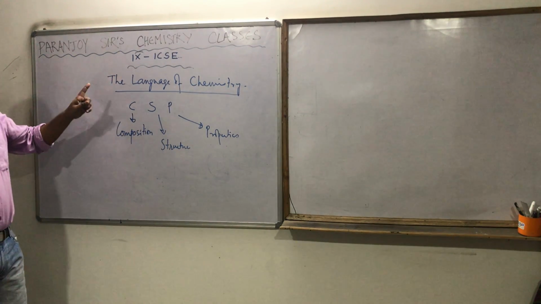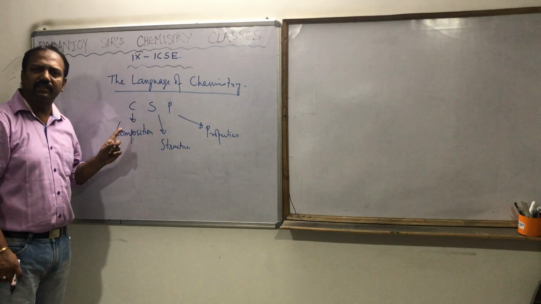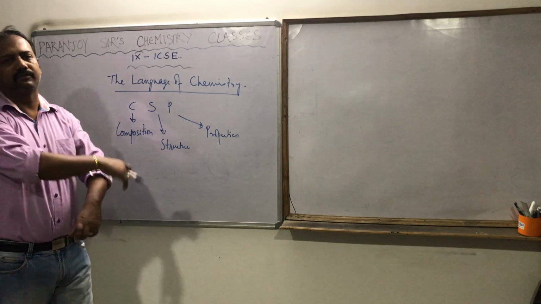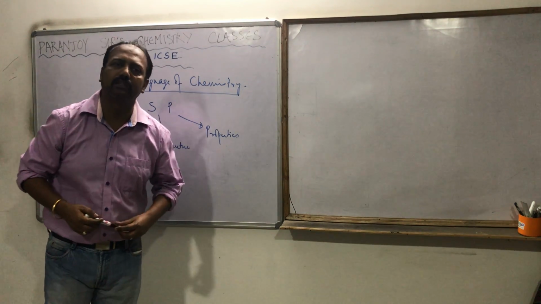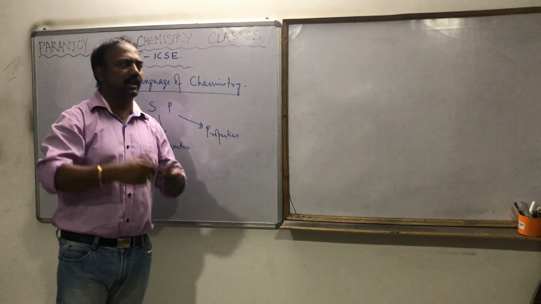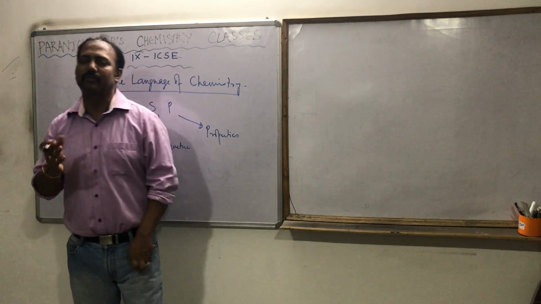Composition: we study the composition of the substance. Composition means what is present in that particular substance. Suppose I am talking of water. What is present in water? If I ask you, all of you will say, sir, hydrogen and oxygen are present. Yes, that's composition.